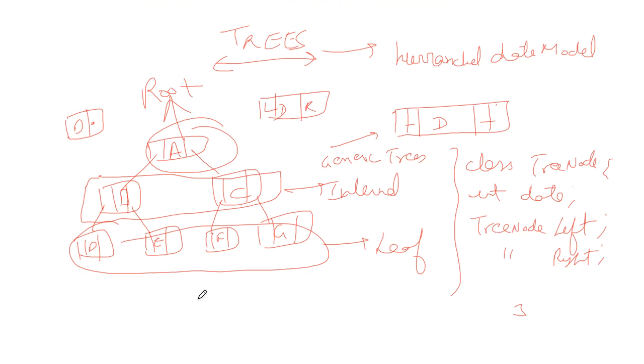And then we discussed the height of the tree and depth of the tree as well, and the height of a node and depth of a node. So, what is the depth of B?